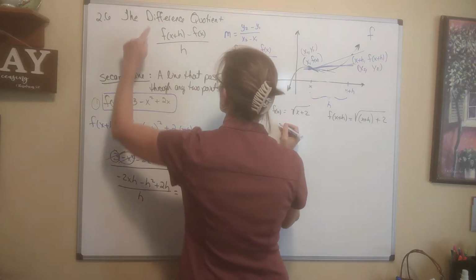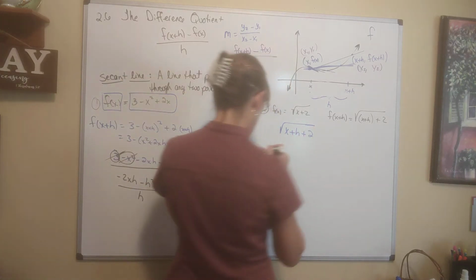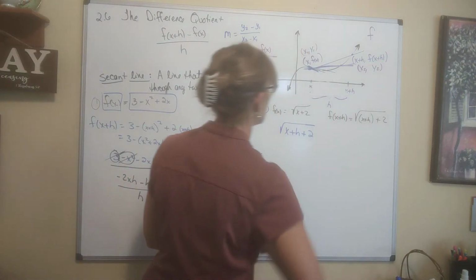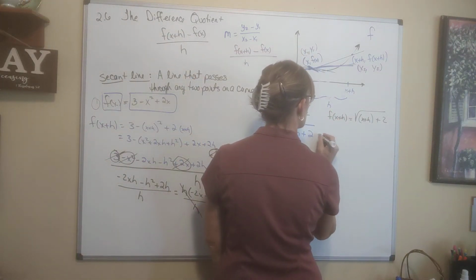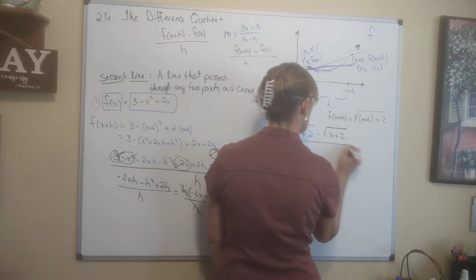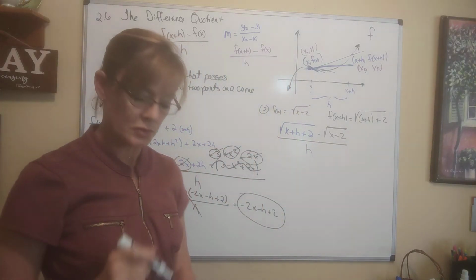F of x plus h is the square root of x plus h plus 2. And then I have this minus sign, minus f of x, minus the square root of x plus 2 all over h. This right here is the constructed difference quotient.